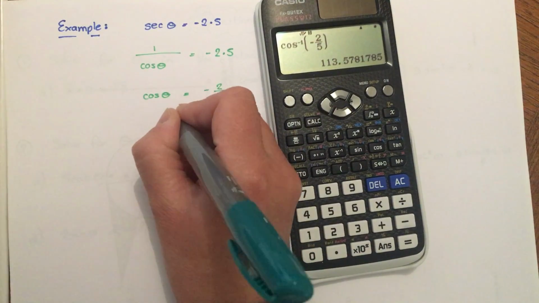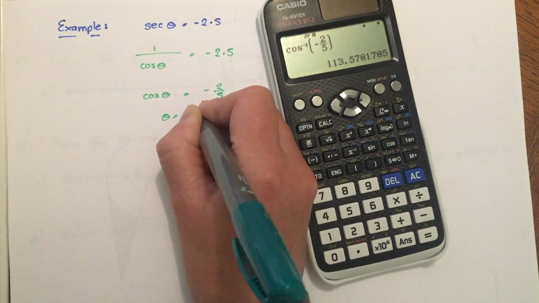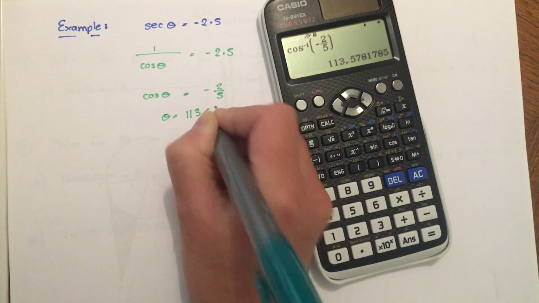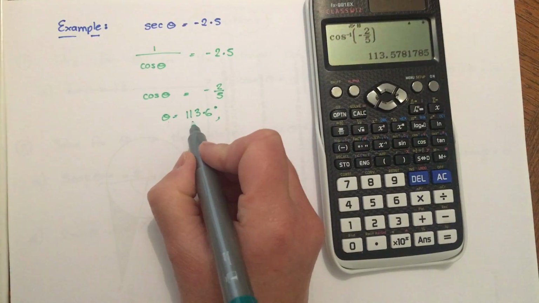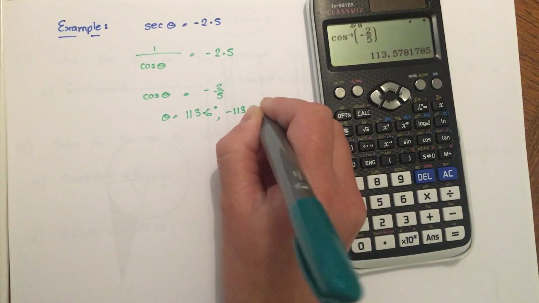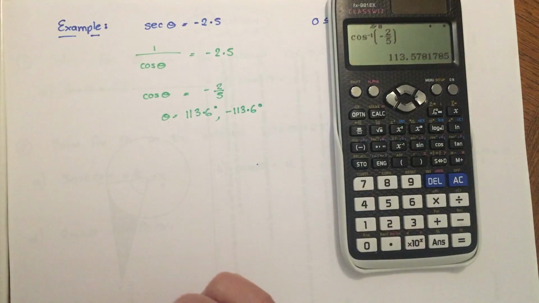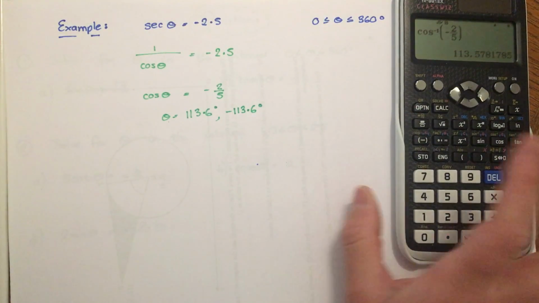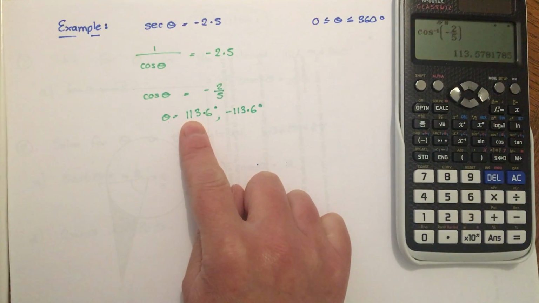And our first solution is 113.6. Remember, for cos, we find our second solution by taking the negative value of the first one. And then we find all other solutions by adding or taking 360. If I add or take 360 to that, I'm going to be out of the range.